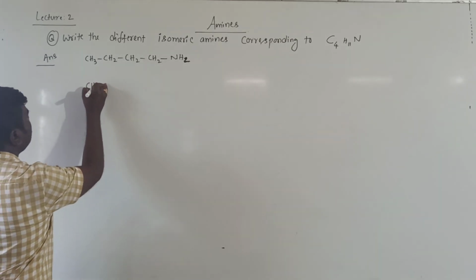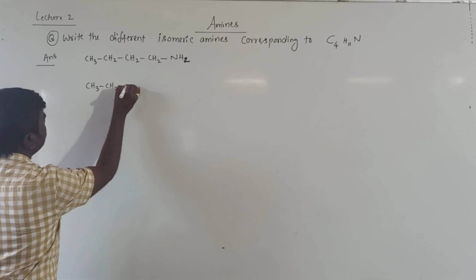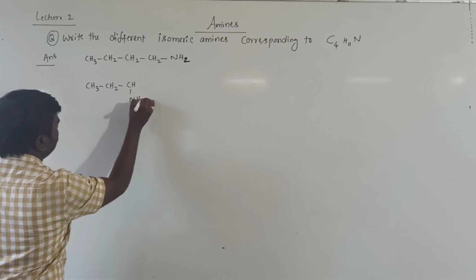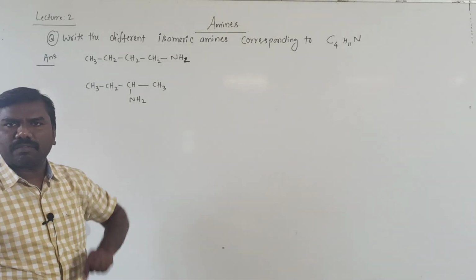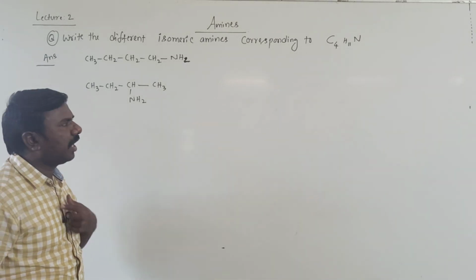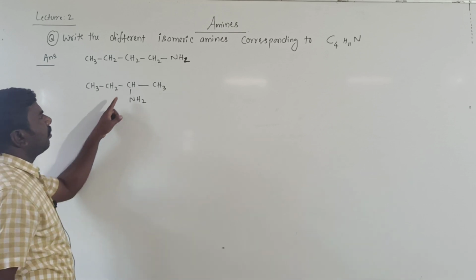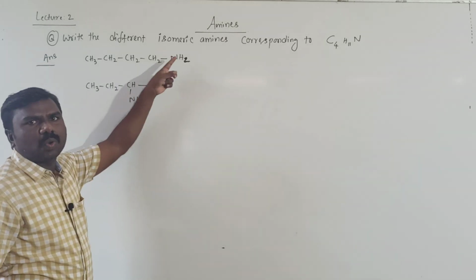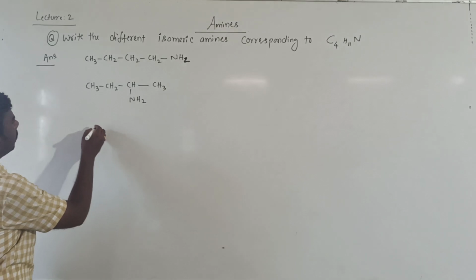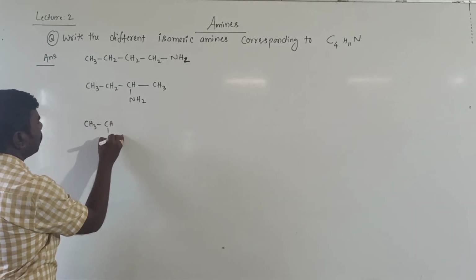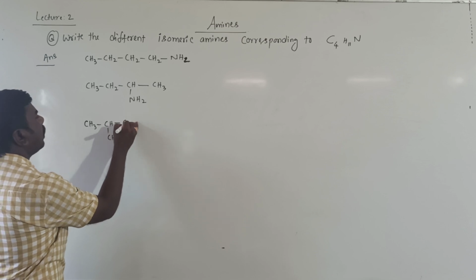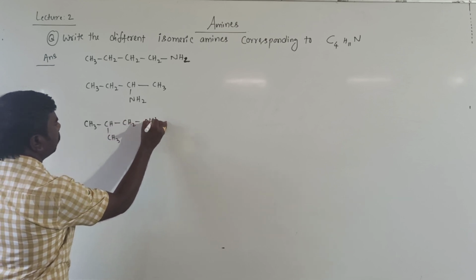Next, CH3CH2CH(NH2)CH3. Again C4H11N, same formula if you verify it. It is also butanamine, it is 2-butanamine. Next, another one is CH3CH(CH3)CH2NH2.